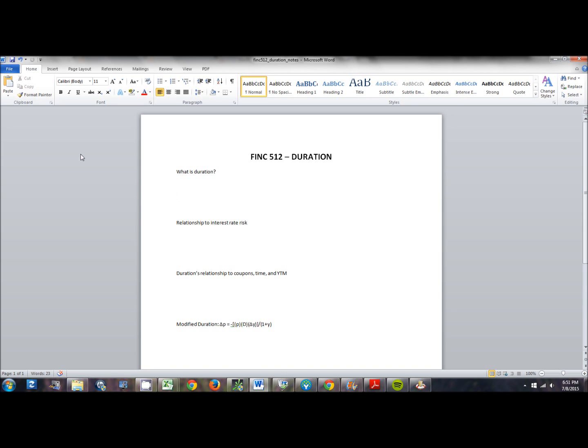So what is duration? It's a slippery concept to understand in terms of what it's trying to tell you. The textbook definition is that duration measures the effective maturity of a bond. When I first read that while learning this material, I had no idea what that meant.